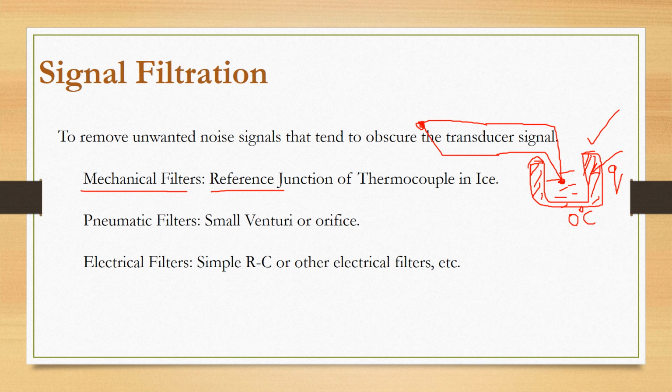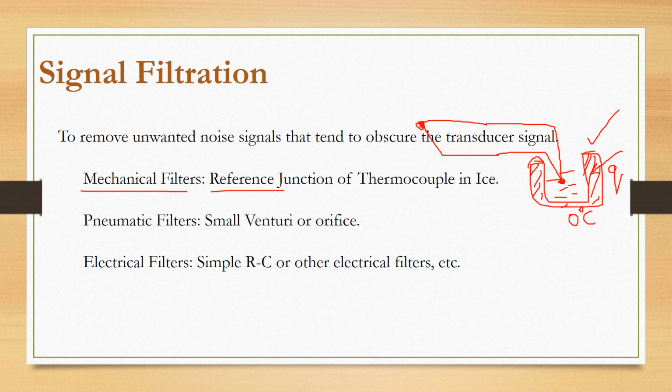Another thing is the signal filtration, the second function which is performed by signal conditioning elements. So in this we can have mechanical filters. So for example, reference junction of thermocouple in ice. So in this figure you can see that we have produced a 0 degree Celsius temperature in this flask, and this 0 degree is created by a mixture of water and ice.